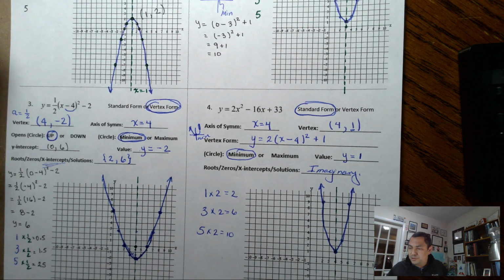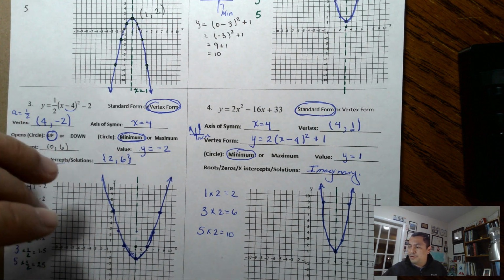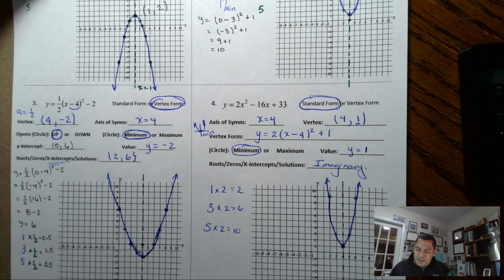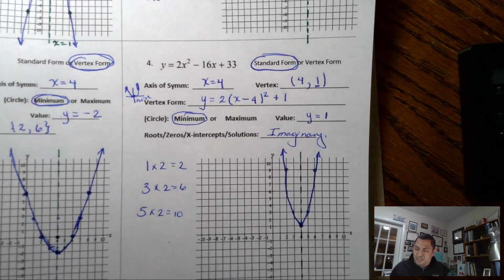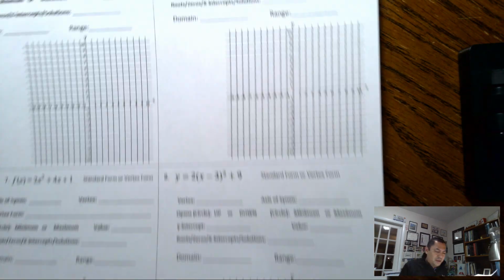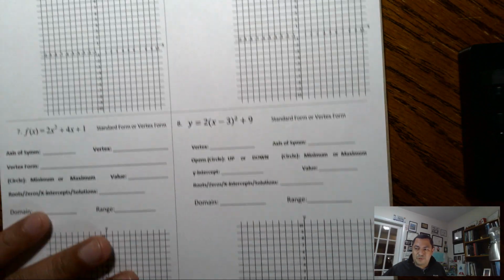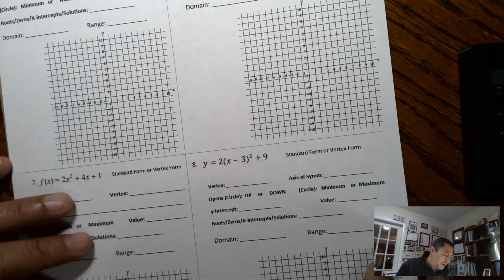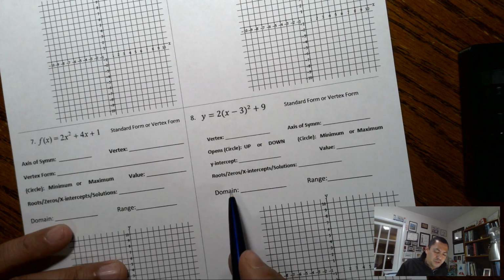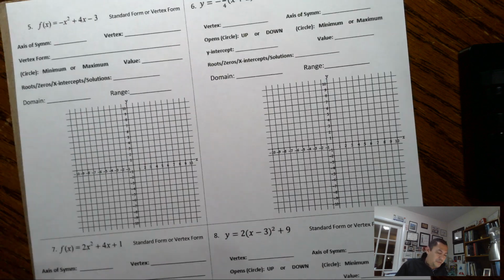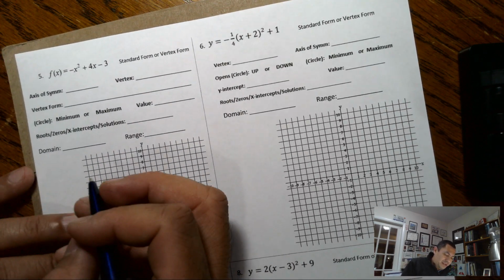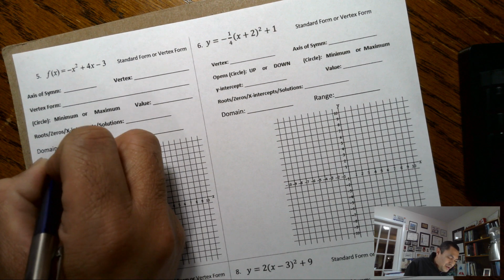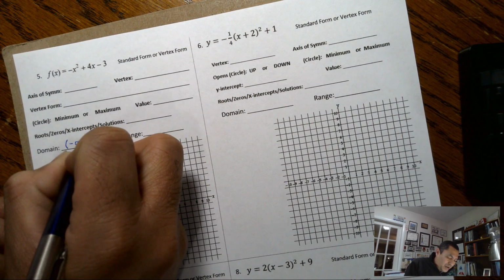Let's see if I can do one more from the other side of the paper, and I think everything is exactly the same. As you can see, it's exactly the same, so you're going to give it a try. The only difference is the domain and range that we have there. Remember that if they ask you for the domain, it is from negative infinity to positive infinity.